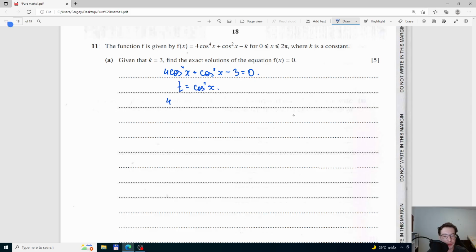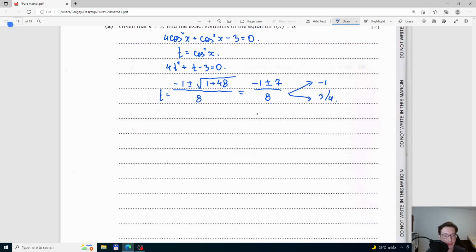So I'll get a quadratic equation, 4t squared plus t minus 3 equals 0. And I will use the formula minus b plus or minus square root of b squared, which is 1, minus 4ac, which is 48, over 2a, 8. That gives me t is minus 1, or t is 3 over 4.